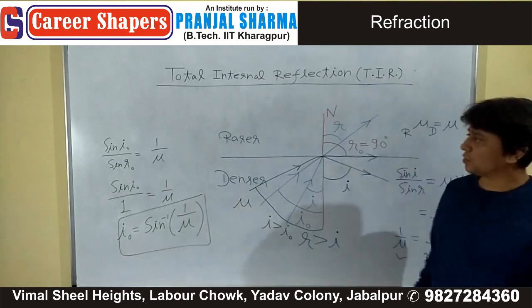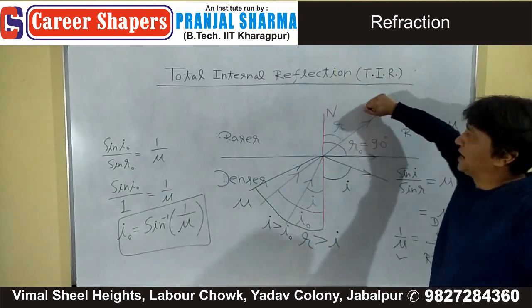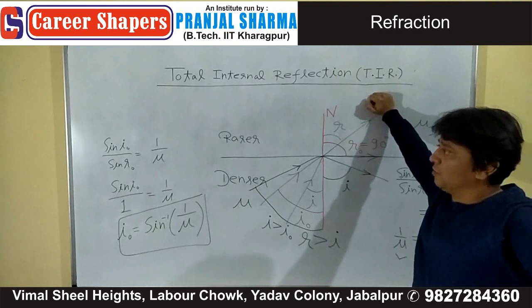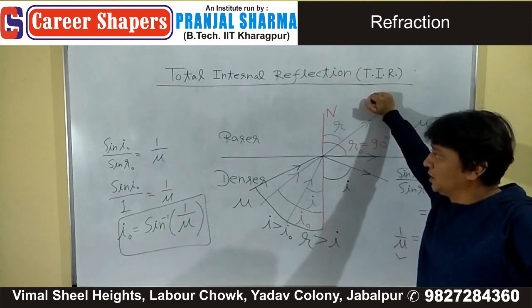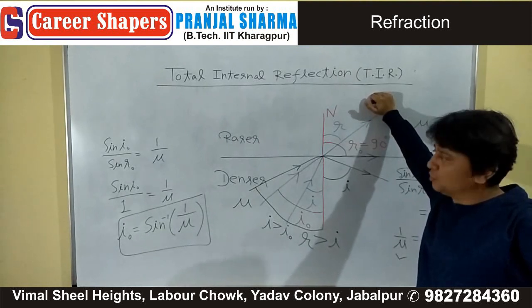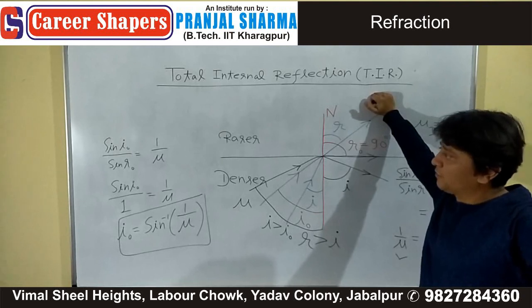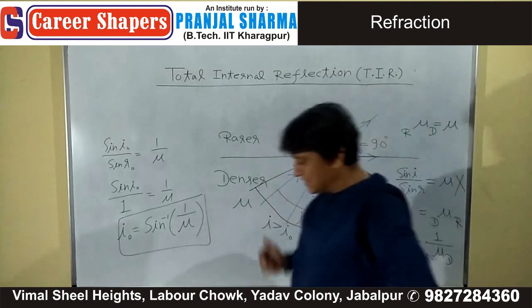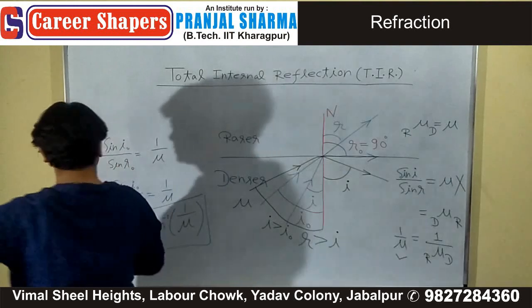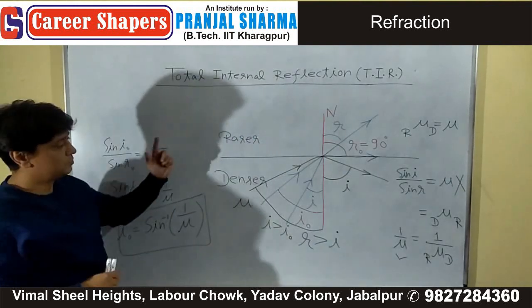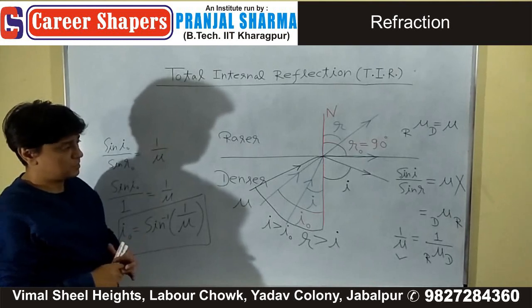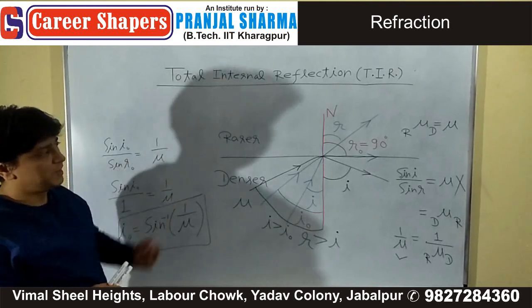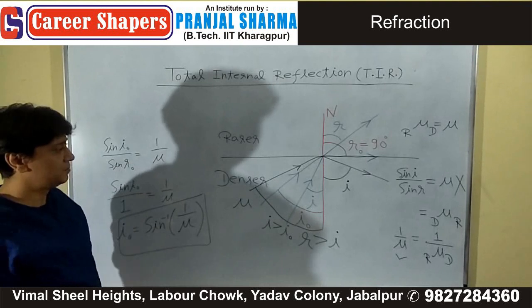For total internal reflection to take place, light rays should always move from the denser medium into the rarer medium.